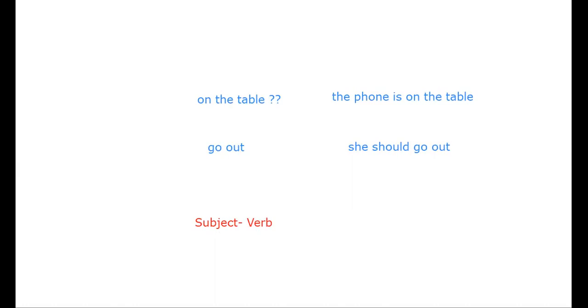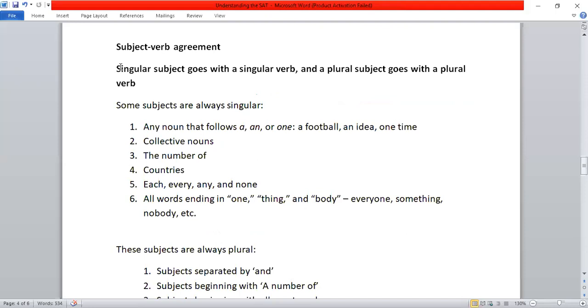Now let's move on to another screen, and let's move to what exactly is subject verb agreement. We basically know that singular subject goes with singular verb, plural subject goes with plural verb, correct?